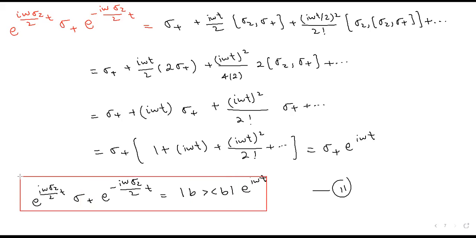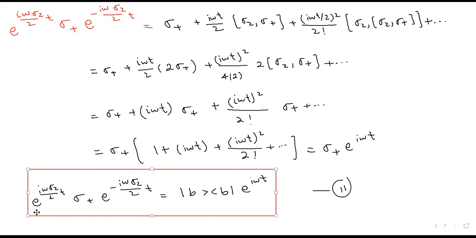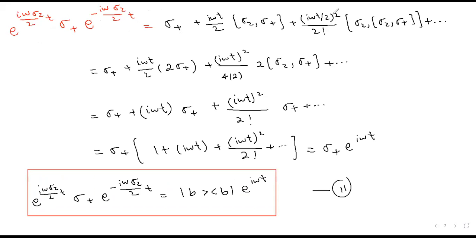Similarly, we can also calculate the results for sigma minus, and for sigma minus we will get e^(iω σz t/2) σ- ... so let me see, okay, again I made a serious mistake here.